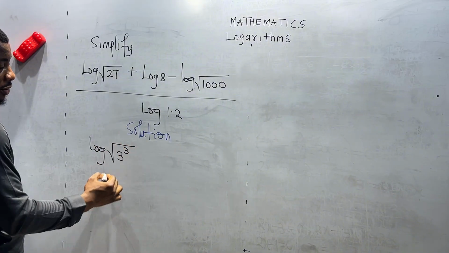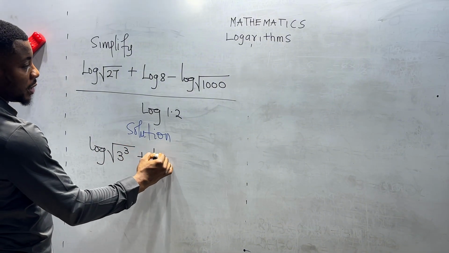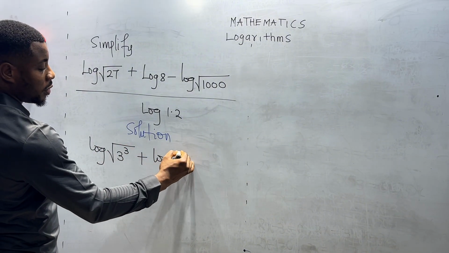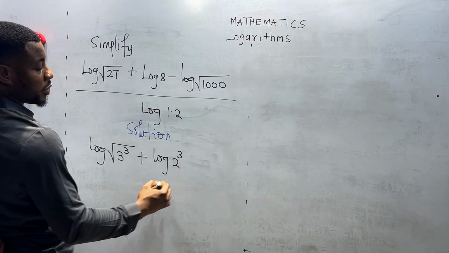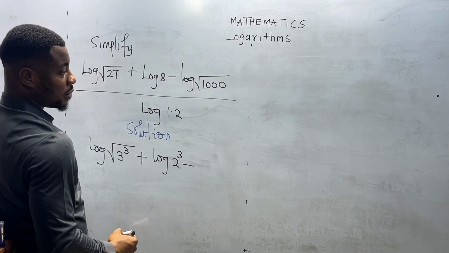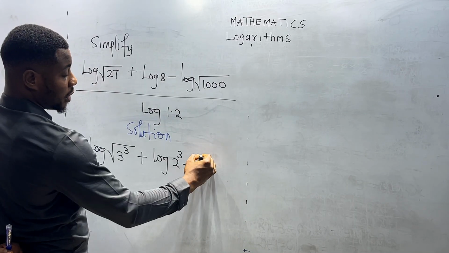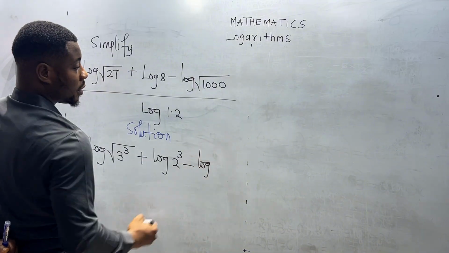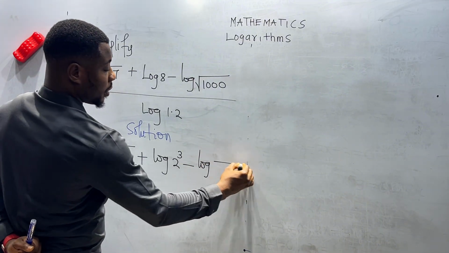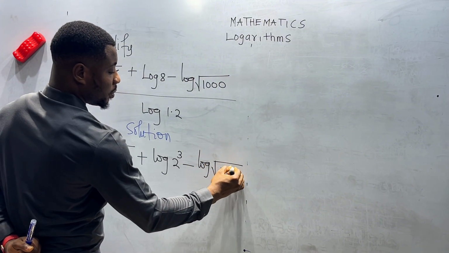Remember, this is the square root. Now, remember also that 8 is 2 to the power of 3. Then also 1,000 is 10 to the power of 3.